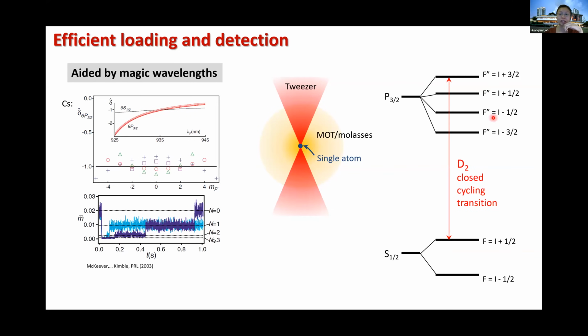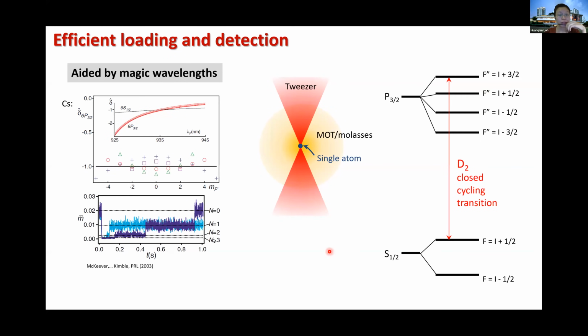So the atoms are in the excited state. And it would help a lot if you could have a tweezer wavelength that doesn't see very much of a differential light shift between the ground and excited states. So in other words, this tweezer wavelength being magic to the D2 closed cycling transition actually helps you a lot with the efficient loading and detection.